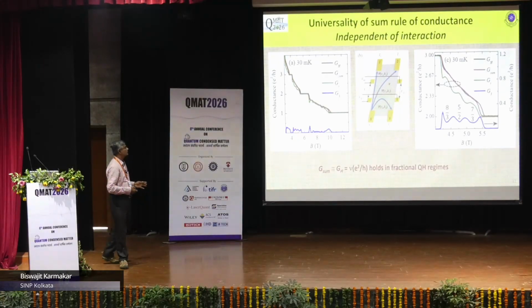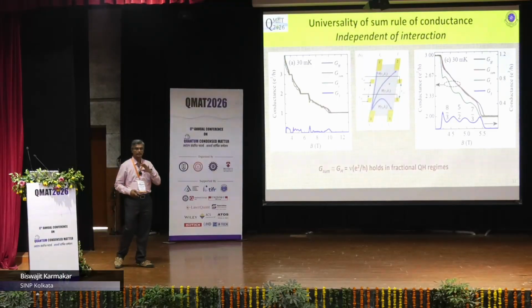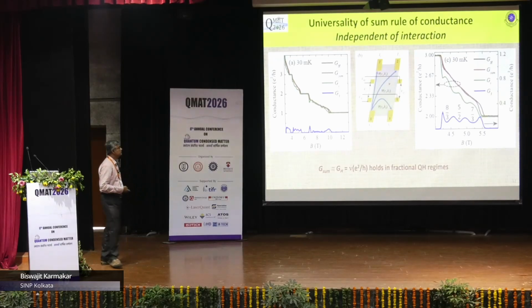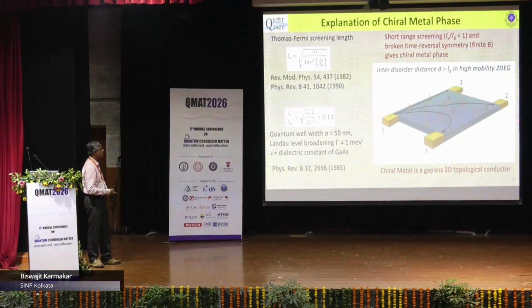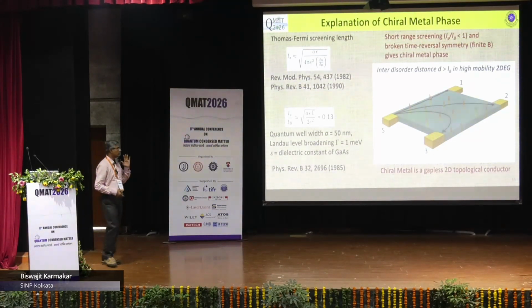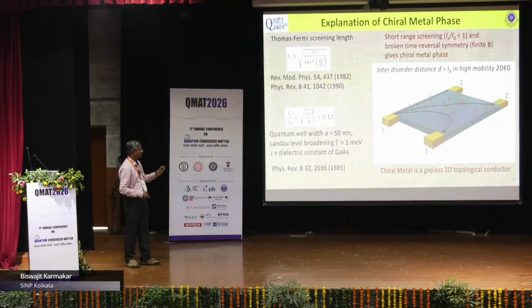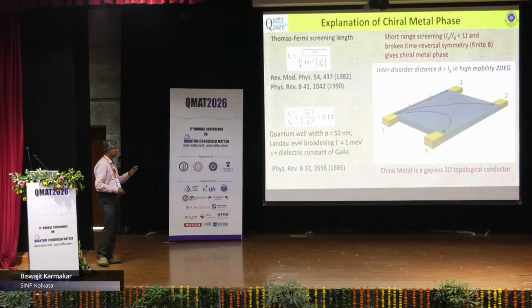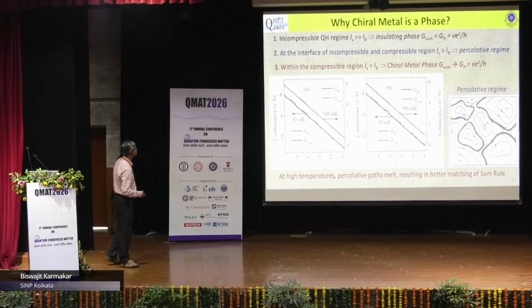So that means this k2 to minus k2 changeover is not possible by scattering. So that's why whatever the orbits which are connecting source to the contacts, they just move forward, they cannot come back. So that's why it is a chiral metal, a gapless 2D topological conductor.